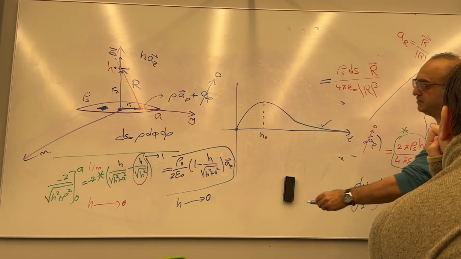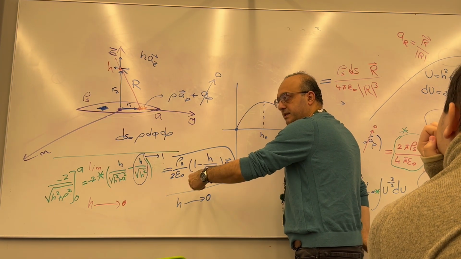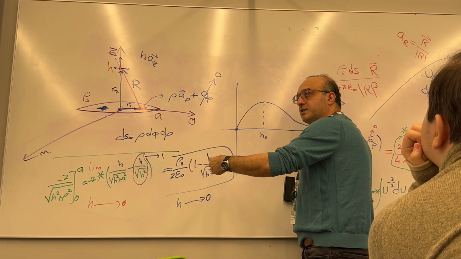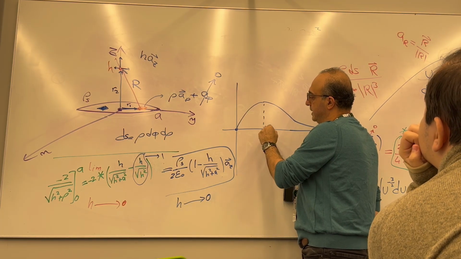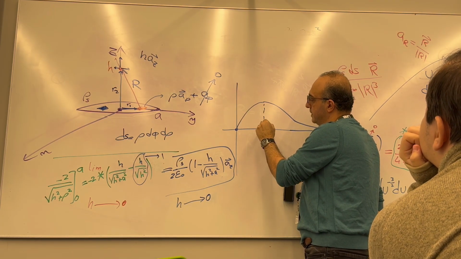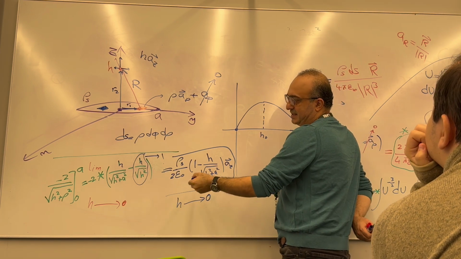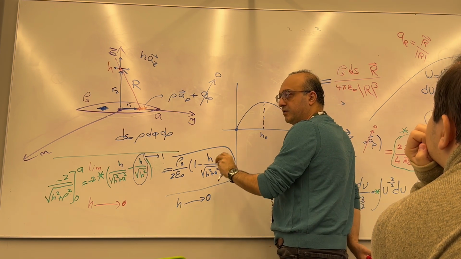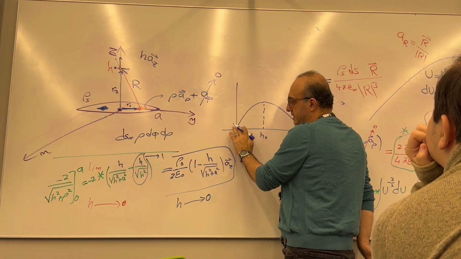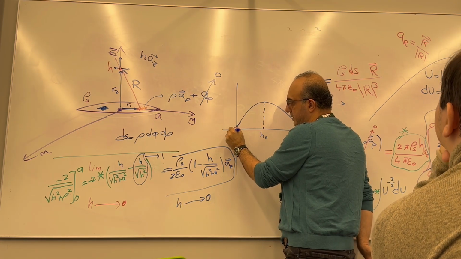To find maximum values, you calculate the derivative of this and set it equal to 0, then you find this maximum. But based on this extreme condition of 0 and infinity, it says that it's not something like this.